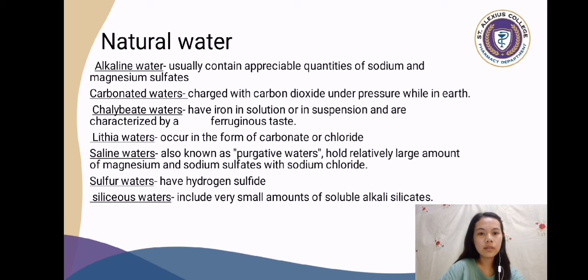Next is sulfur waters. This has hydrogen sulfide. Sulfur water is a condition where water is exposed to hydrogen sulfide gas, giving a distinct rotten egg smell. This type of water has an unpleasant smell. Lastly, the siliceous waters. This includes very small amounts of soluble alkali silicates.